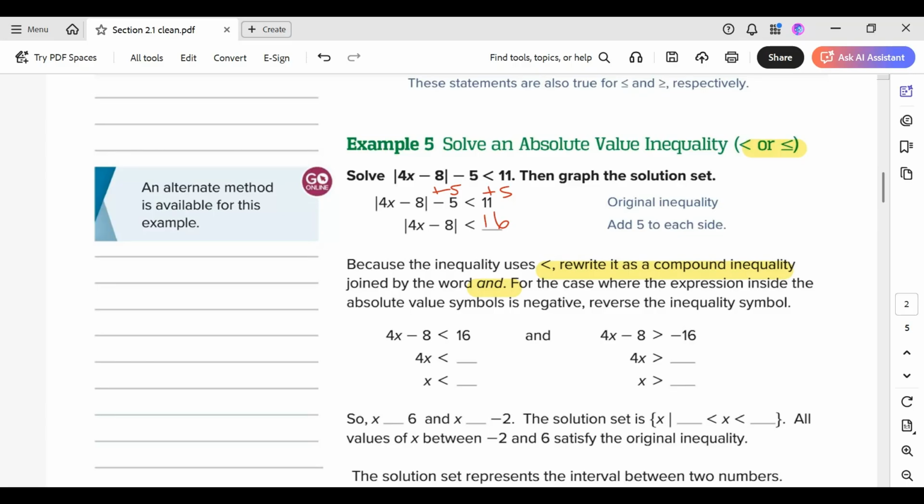So in order here, we flipped the inequality and then changed the sign. So again, we're going to flip the inequality and change the sign.